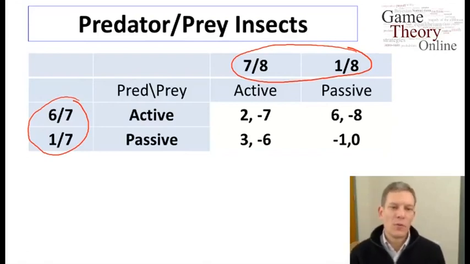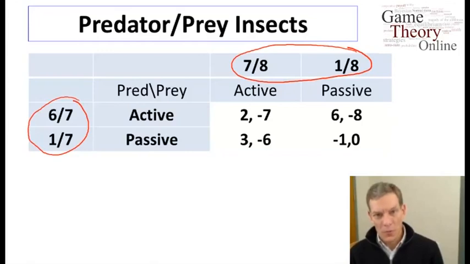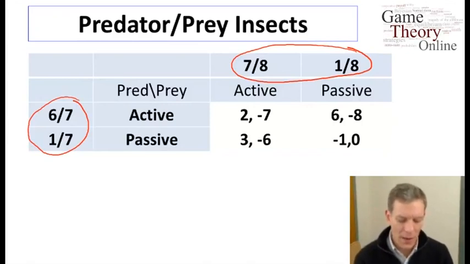And vice versa in terms of prey. The important thing is that the strategy they're going to face on the other side has to have these particular probabilities in order to balance and be in equilibrium.